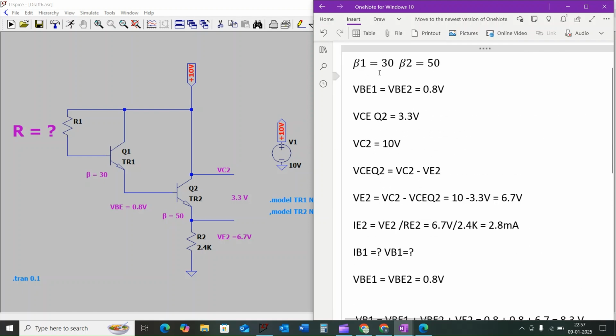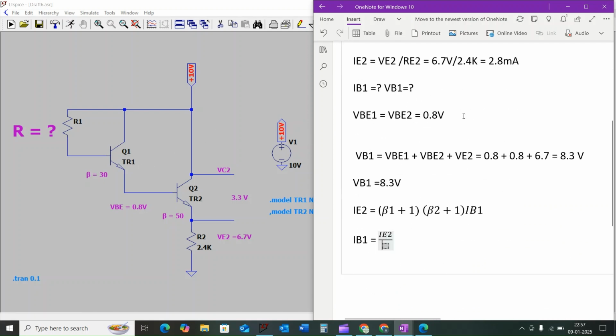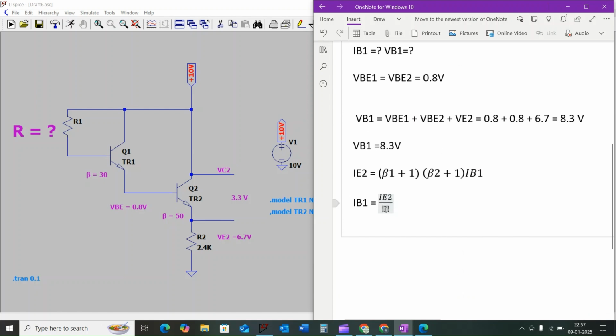We know that the beta of transistor Q1 is 30 and Q2 is 50, so that is 31 into 51, which is 1581. So IB1 is equal to 2.8 milliamps divided by 1581. When we simplify this, we get 1.771 microamps, which is the current across the base terminal of the transistor Q1.